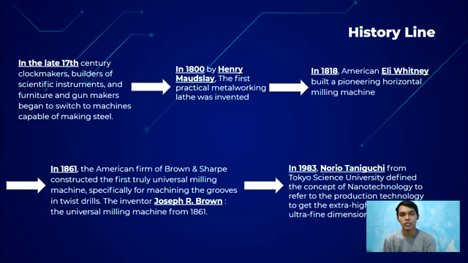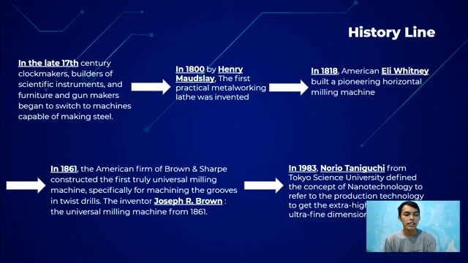Next part is the history line. In the late 17th century, clockmakers, builders of scientific instruments and furniture, and gun makers began to switch to machines capable of making steel. In 1800, Henry Maudslay invented the first practical metalworking lathe. In 1818, American Eli Whitney built a pioneering horizontal milling machine.